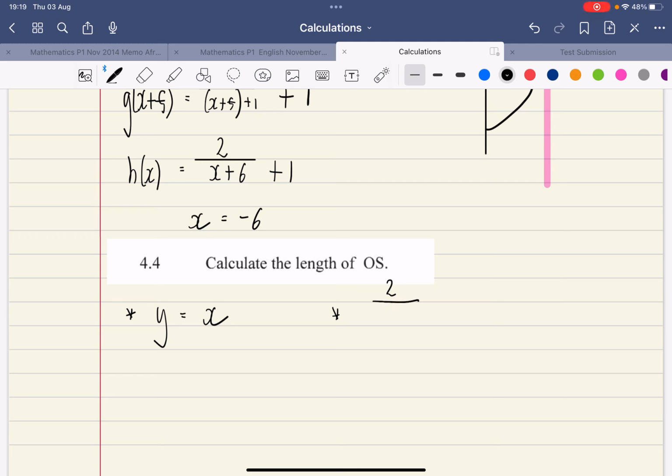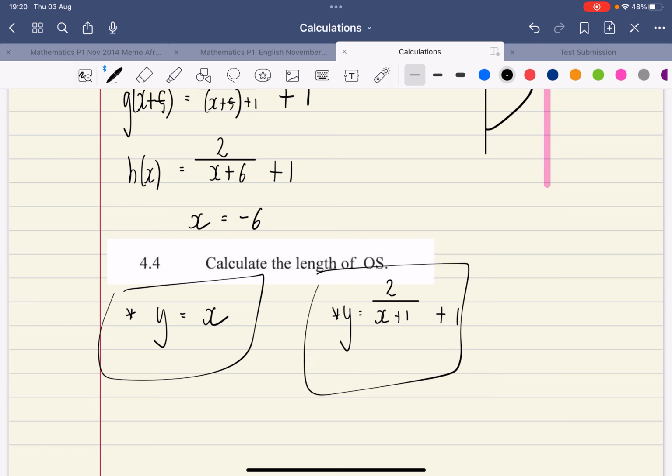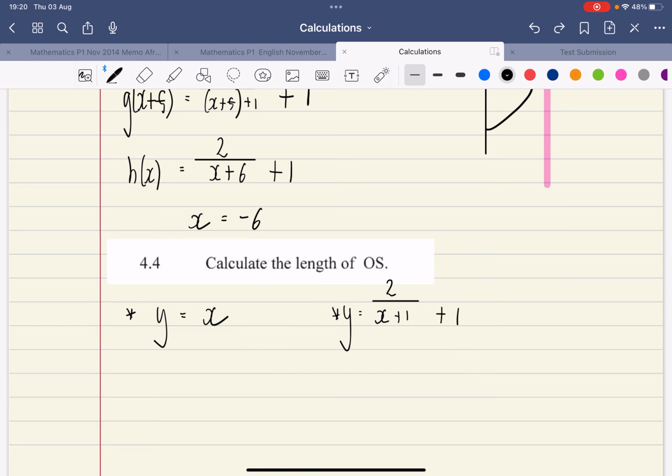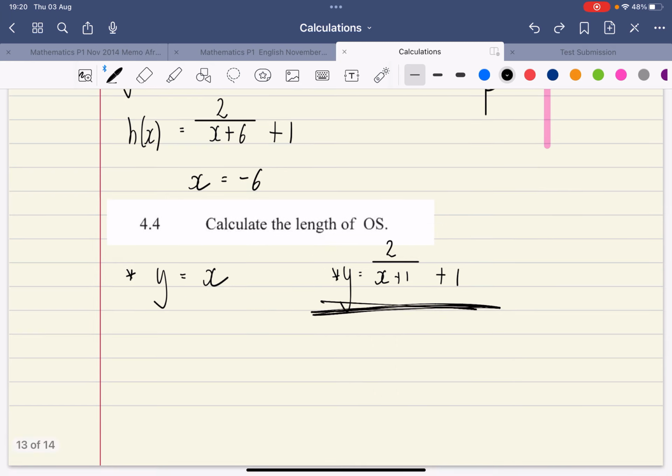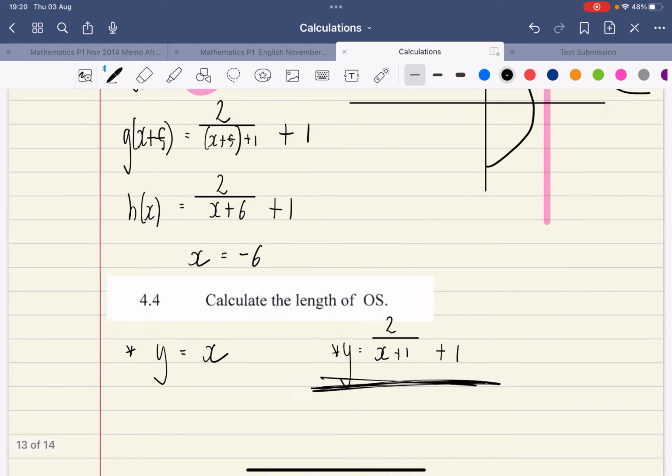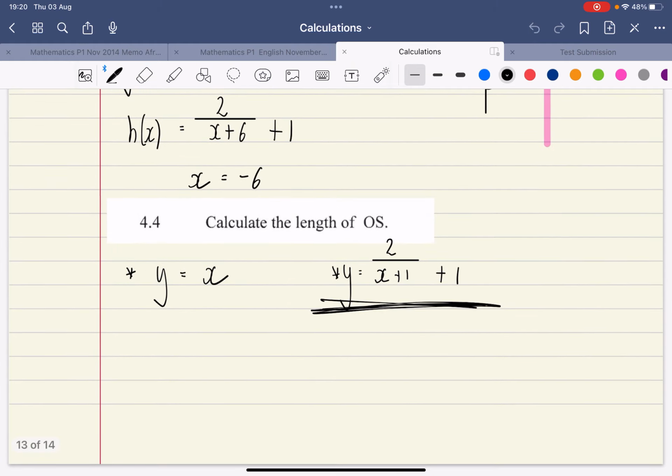It lies on the hyperbola. If I solve these simultaneously, substituting y equals x into my hyperbola, I can find the x and y values for point S. So let's do that.